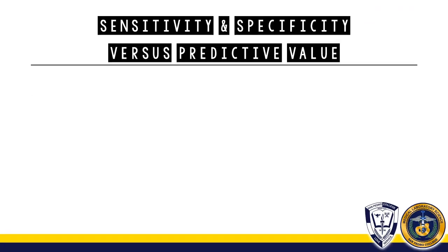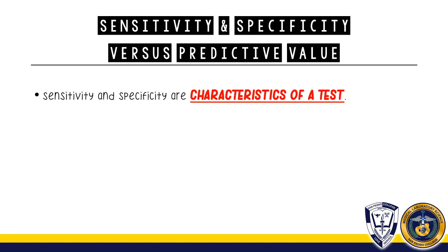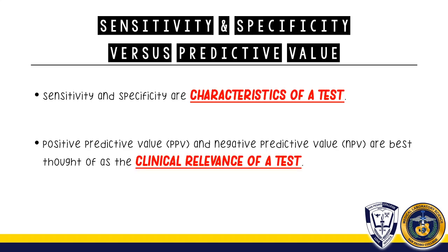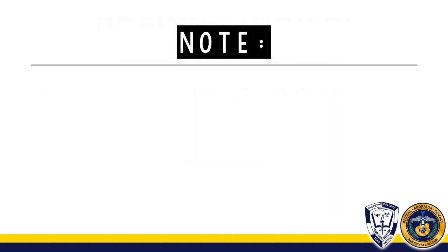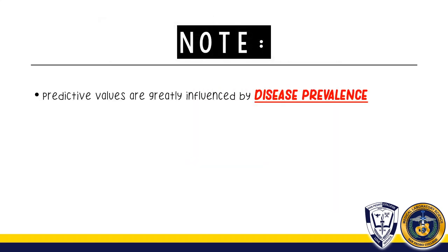So what is the difference now between sensitivity and specificity versus your predictive value? Now, sensitivity and specificity are characteristics of a test, whereas your predictive values, either positive or negative, are best thought of as the clinical relevance of a test. And kindly take note, predictive values are greatly influenced by the disease prevalence.